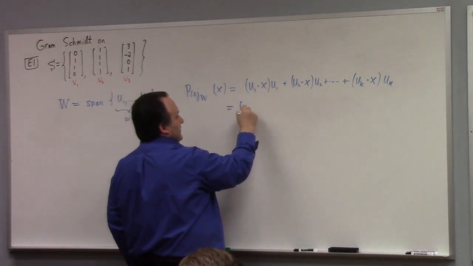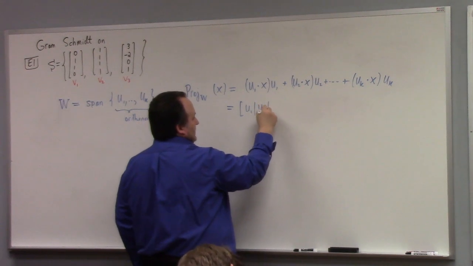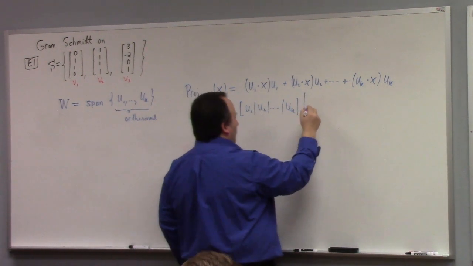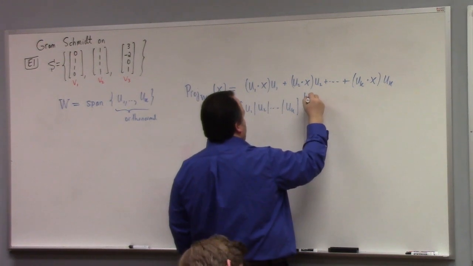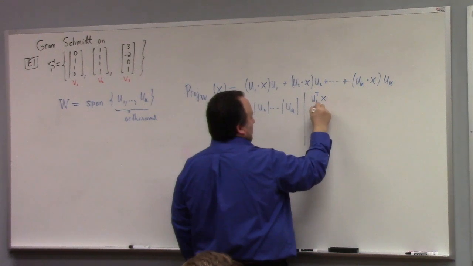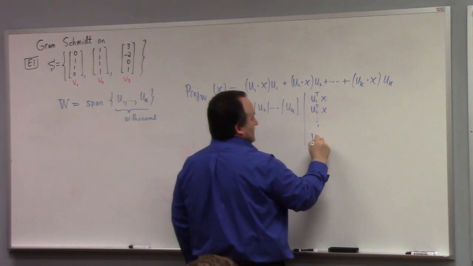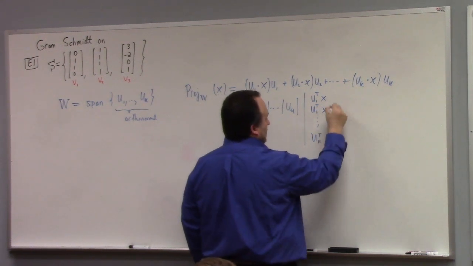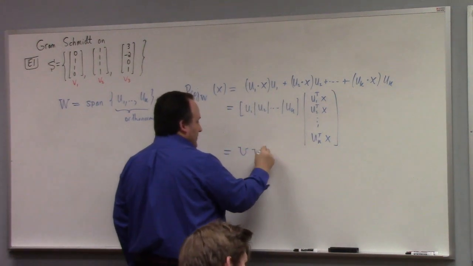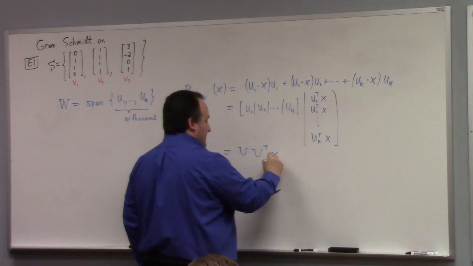What is this? This is the matrix with columns U1, U2, through UK times the vector U1 transpose x, U2 transpose x, through UK transpose x. But that's exactly U transpose times x.